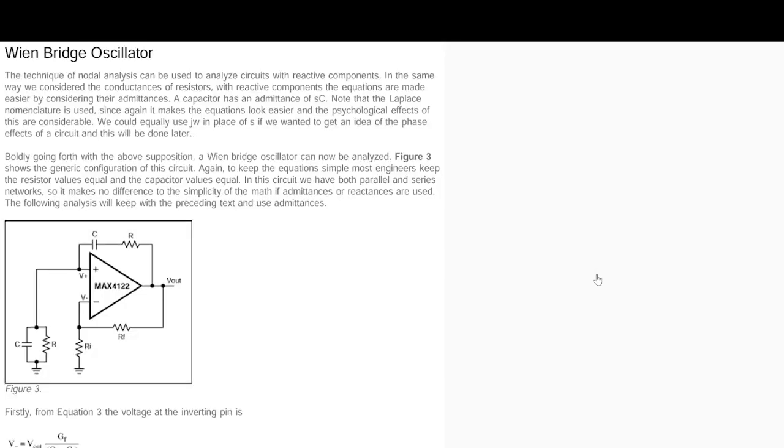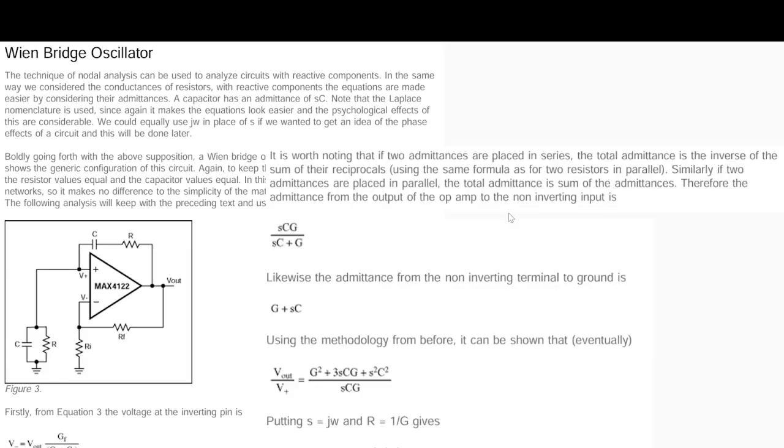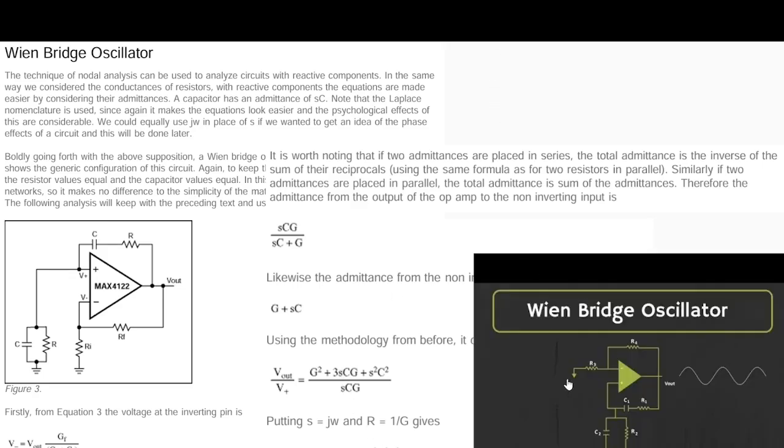Okay, so this is a Wien bridge oscillator. And why is it an oscillator? Because you can see here it's an RC network, and this is its analysis. This comes down to basically using Laplace transforms. But I'm just trying to show here what the output of such a Wien bridge oscillator looks like.